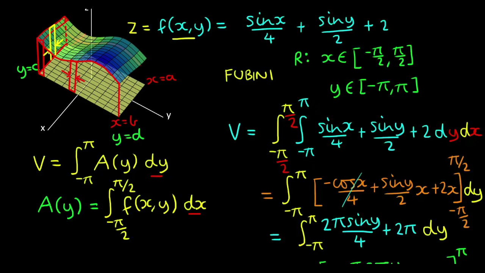And then once we evaluate the area of the cross section by evaluating the interior integral for a fixed value of x, then we can give this cross section an infinitesimal thickness in the x direction, being dx, and then integrate this infinitesimally thin volume with respect to x to get the volume below this portion of the surface above the rectangular region R.